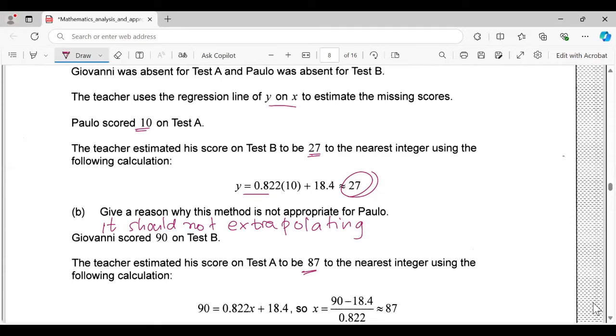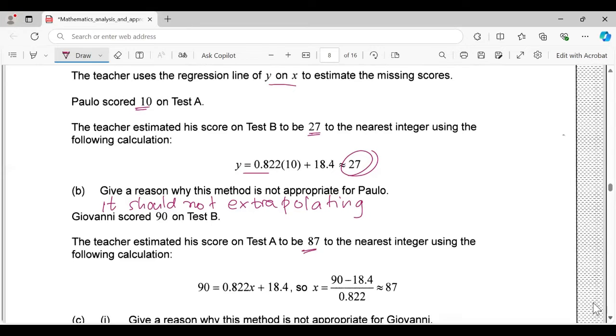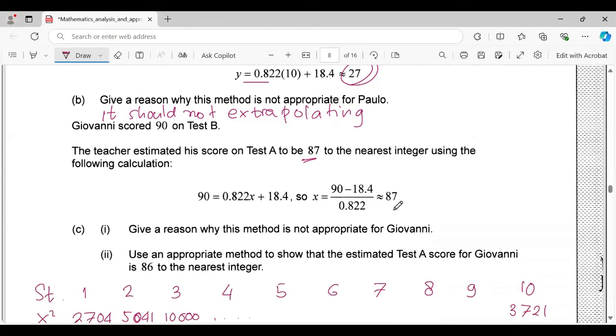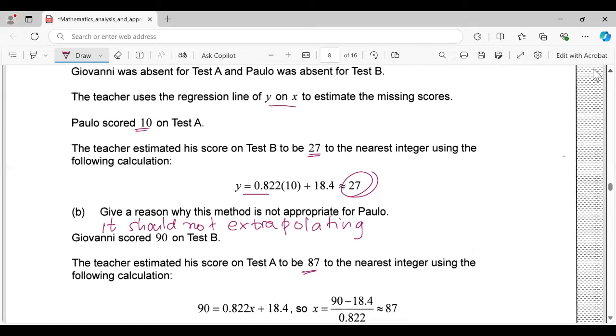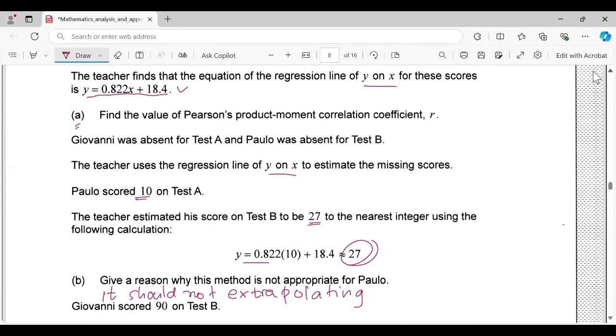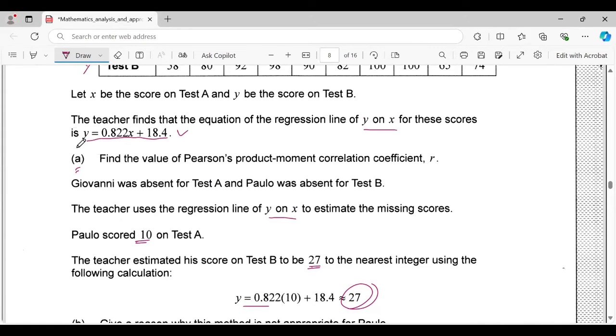So it's calculation, okay, based on this regression, based on this regression is one.